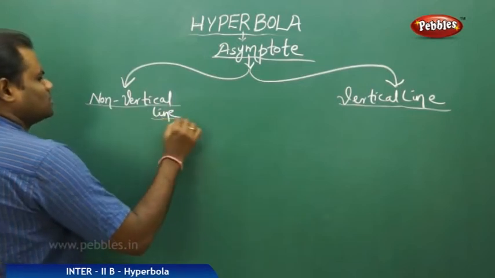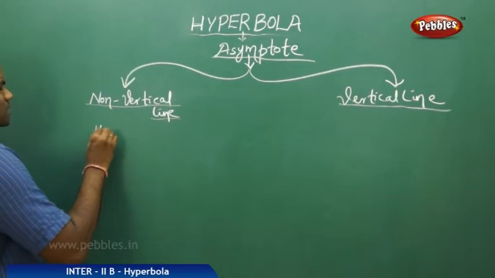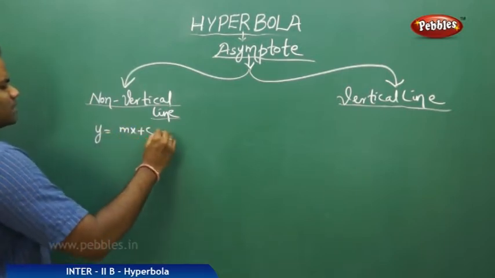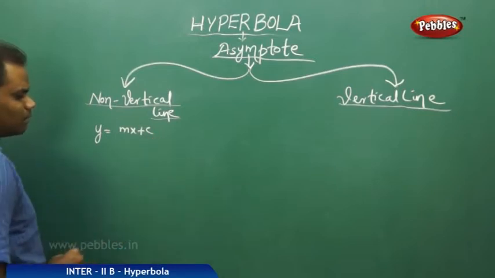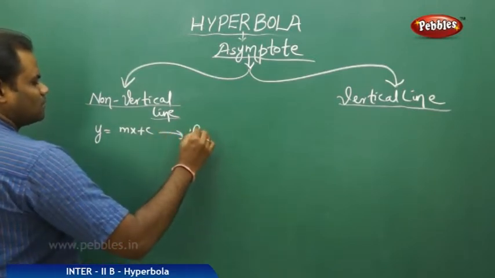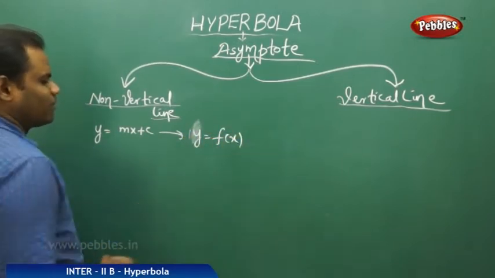So an asymptote is a non-vertical line, suppose y is equal to mx plus c, that will be an asymptote for the hyperbola y equals f of x.